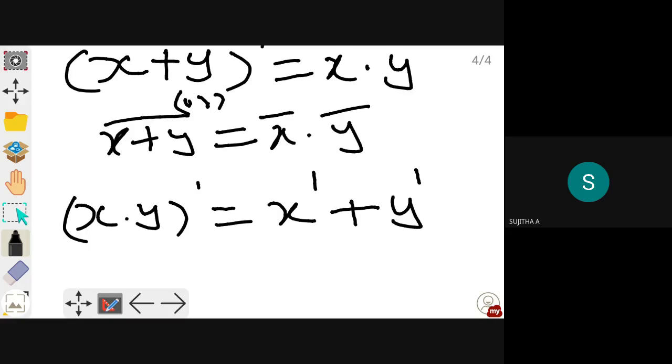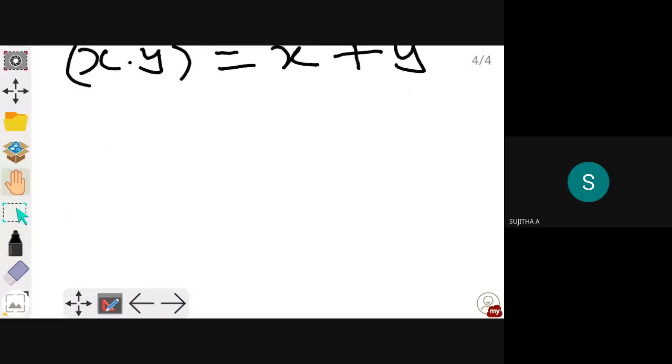So De Morgan's theorem states that for each individual variable you take the complement, and instead of plus you put into, and instead of into you put plus. Is it clear? This law is very, very important. You will be using it in many expressions.